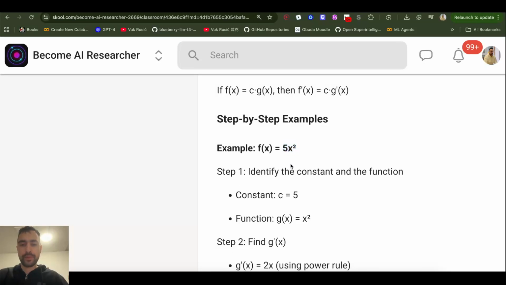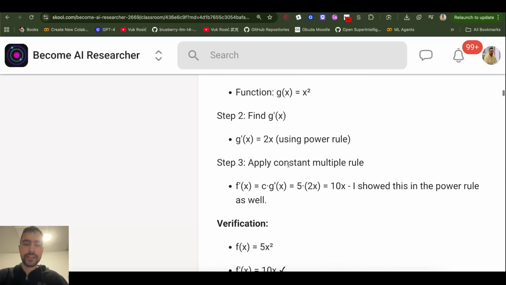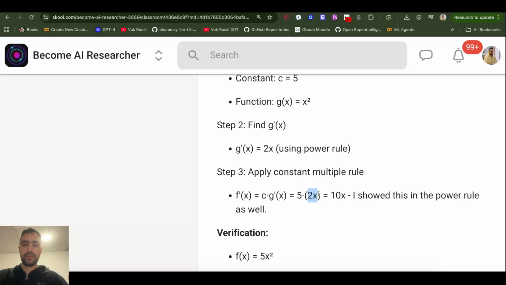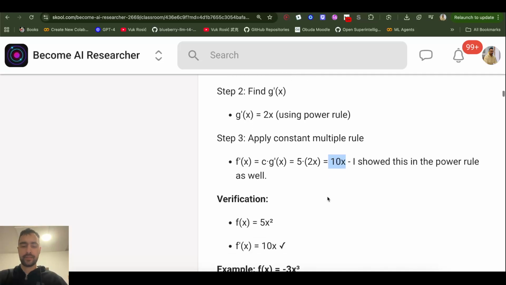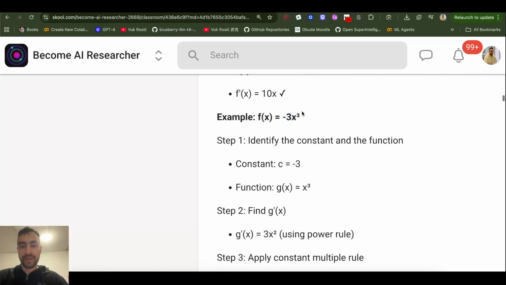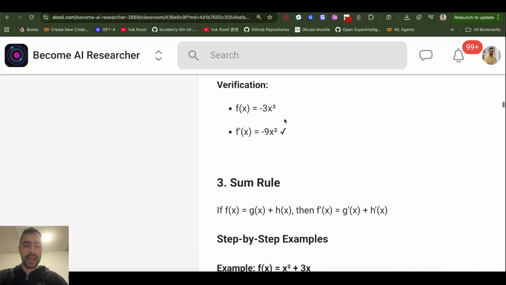Let's see examples. So 5x squared. The 5 remains the same, and the derivative of x squared is 2x, according to the previous rule. So in the end, 5 times 2 times x is 10x. I have more examples. I recommend you go through them. Try to calculate this yourself first, and then look at the examples.